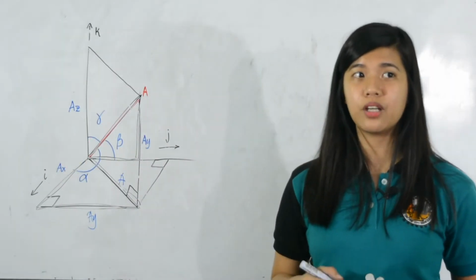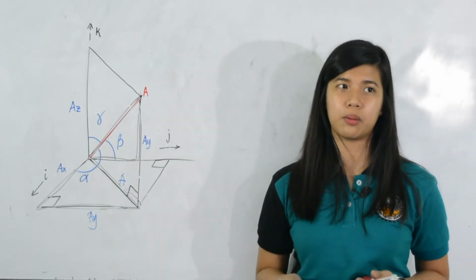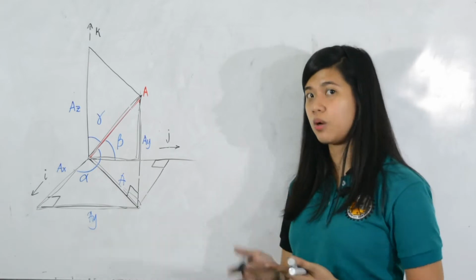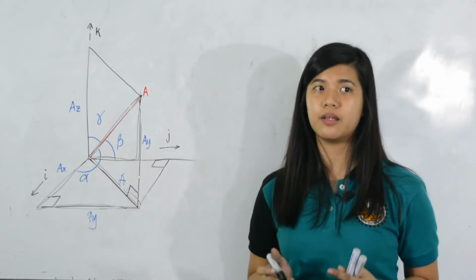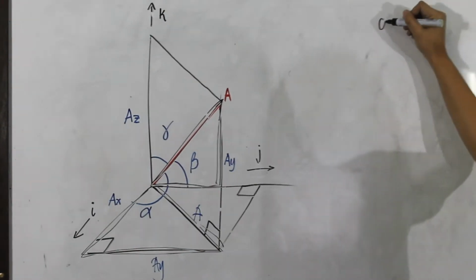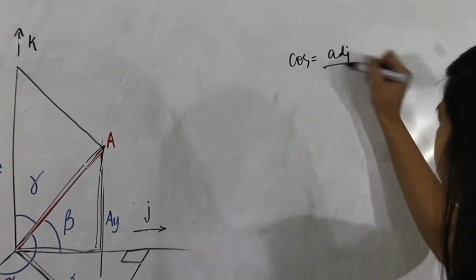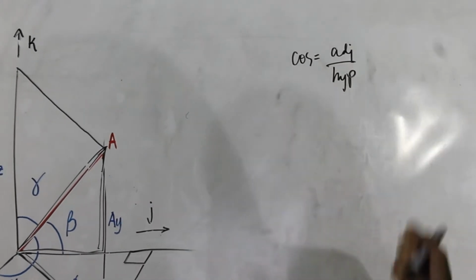Okay, now that we're done with that, let's go to their angles. We're going to need a little knowledge of trigonometry using SOHCAHTOA. Our objective is to get the angle of our axes. For the cosine, that would be the adjacent over the hypotenuse.